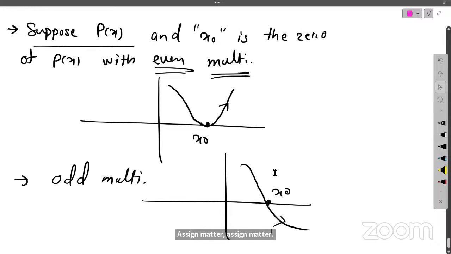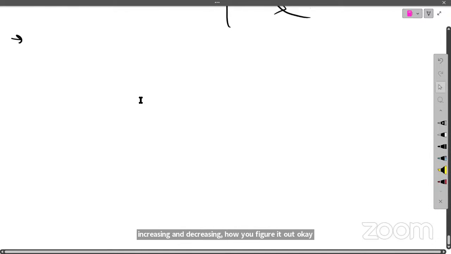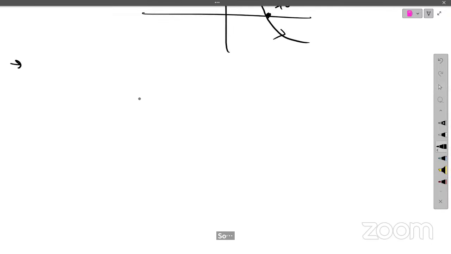Ma'am, can you take an example and illustrate it? So I'll take one example and I'll try to draw the polynomial, and then I'll answer your question about increasing and decreasing, how you figure it out. Okay. Sign matters where you start, no, ma'am? Where you start, their sign matters.